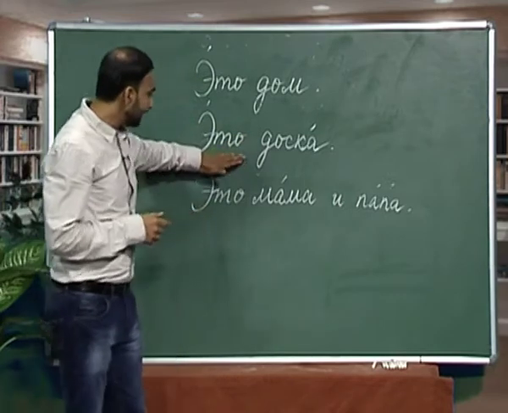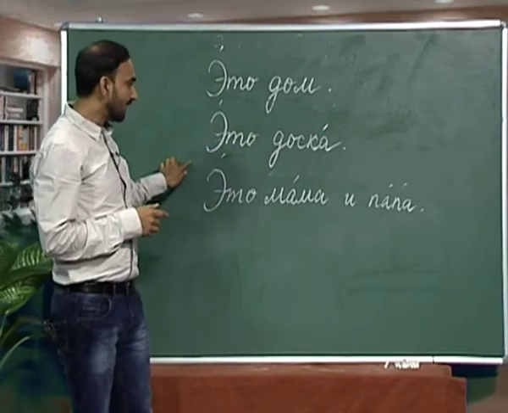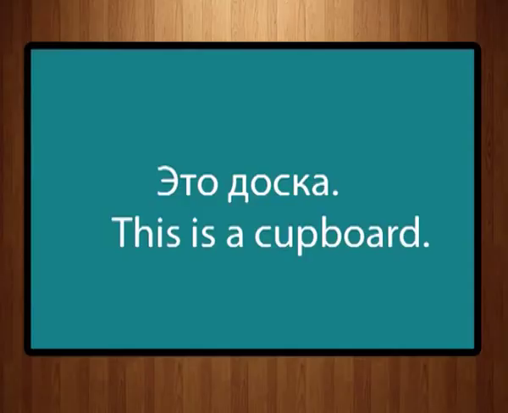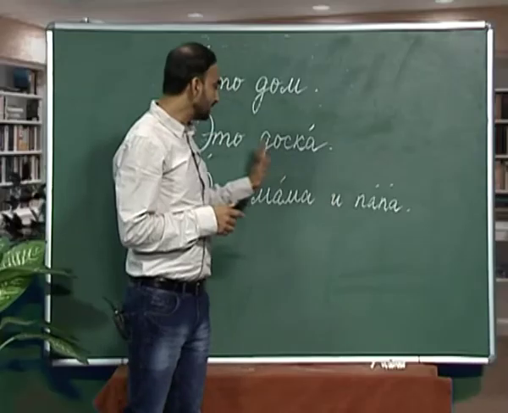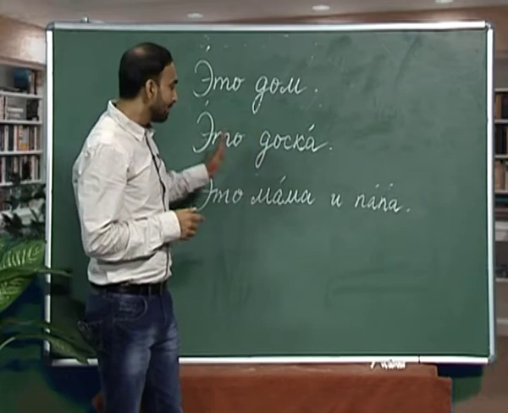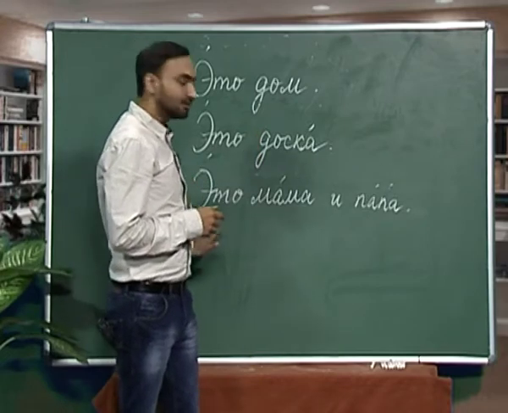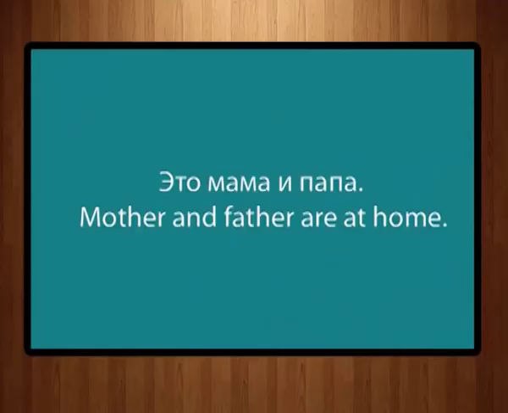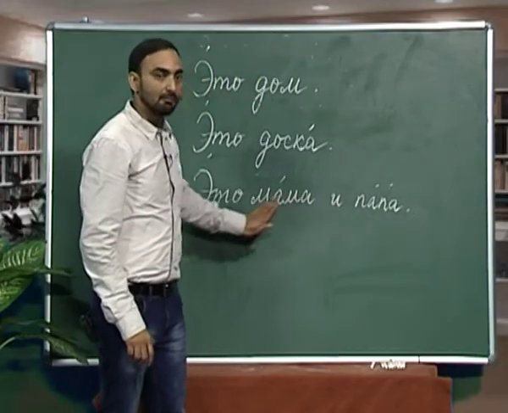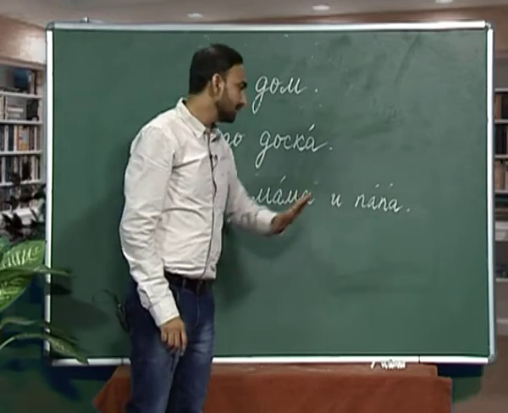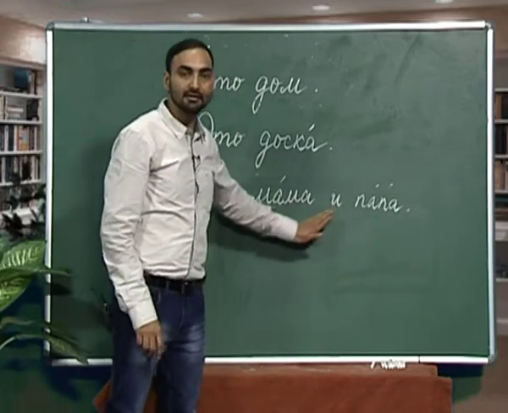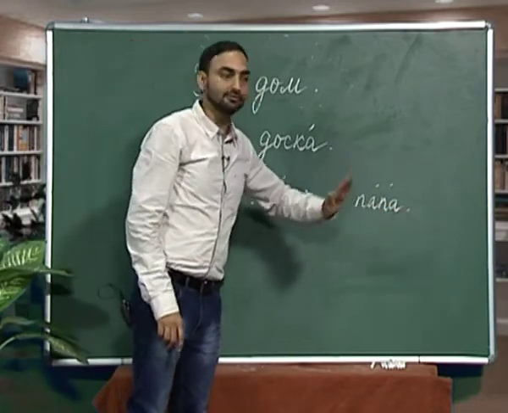In the same way, the second sentence is Это доска. Again, there is no link verb. The next sentence is Это мама и папа, which means this is mother and father.